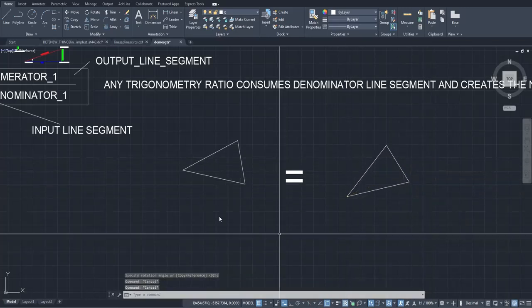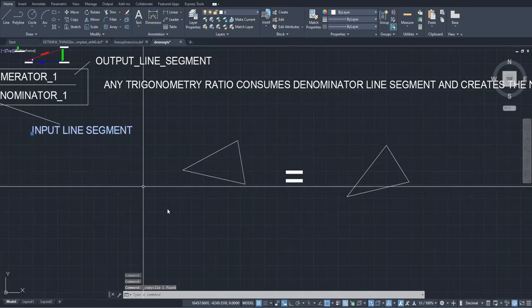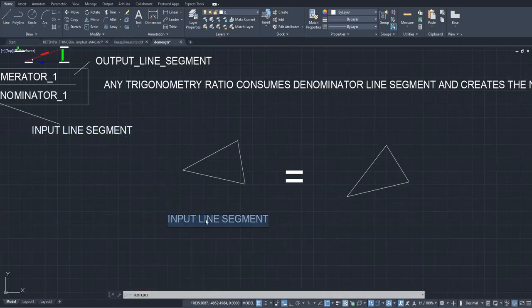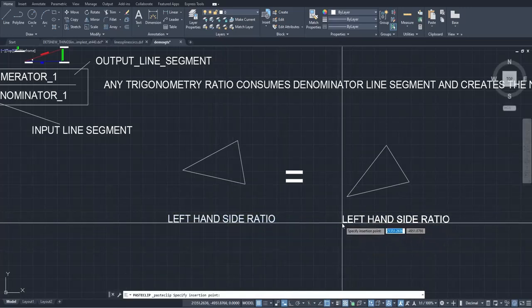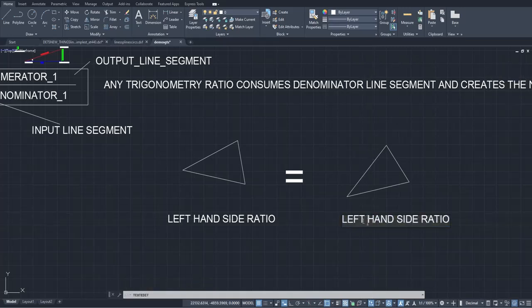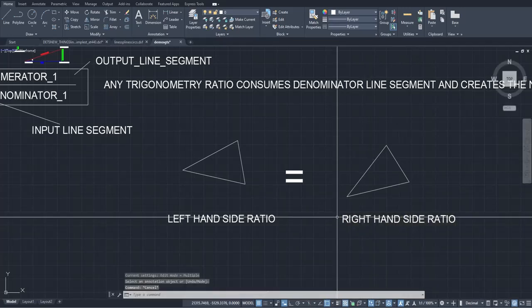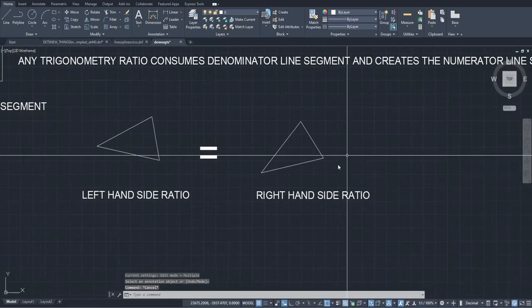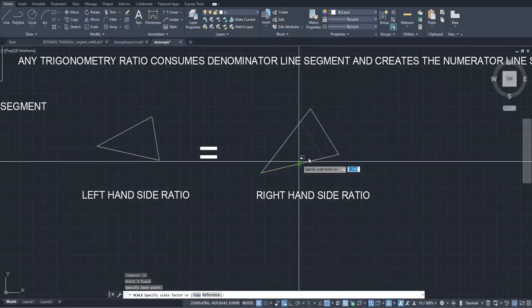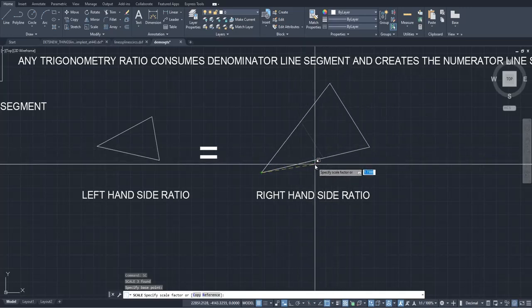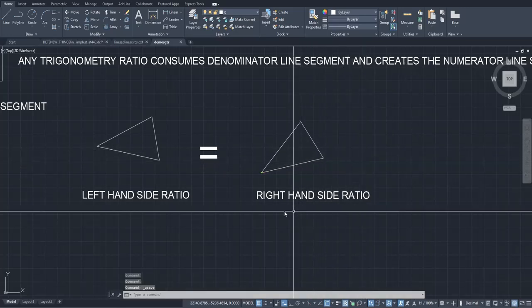Whenever the left hand side ratio is equal to the right hand side ratio, we will think these two ratios represent the two similar triangles present there, and whatever the scale, whatever the rotation, these are similar triangles, and we are talking about similar triangles there.